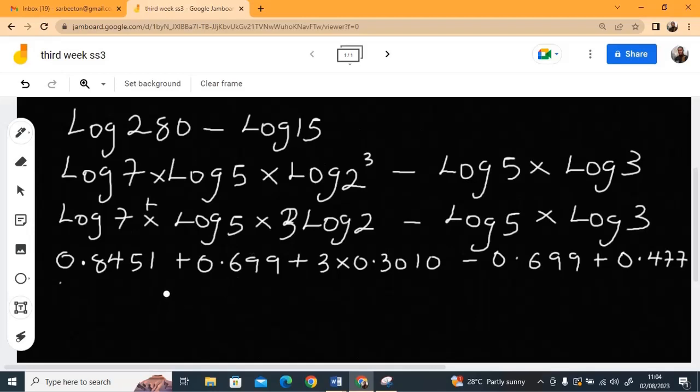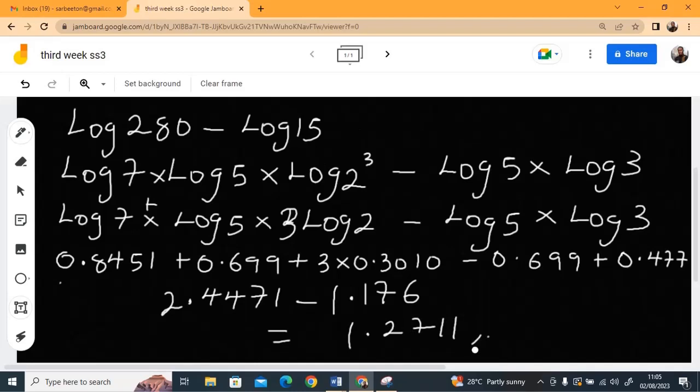I've got 2.4471 minus, let me add this and this together. 0.699 plus 0.477 is 1.176. So when you subtract, we have 2.4471 minus 1.176. Your answer here is 1.2711. So this is your final answer.